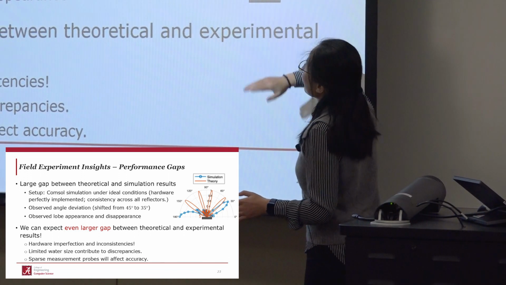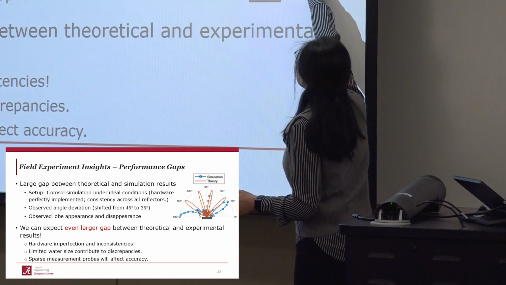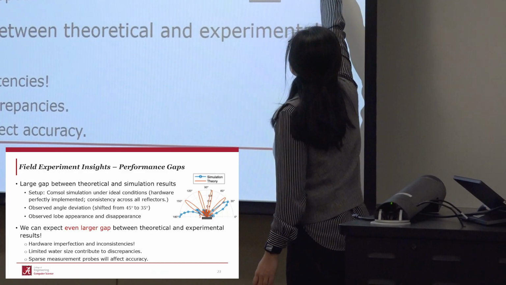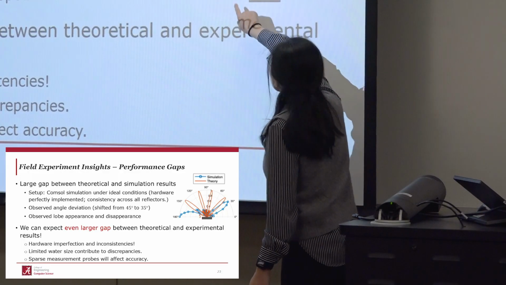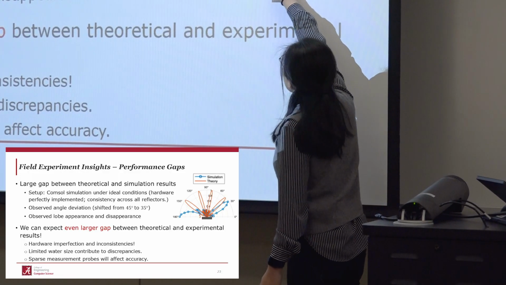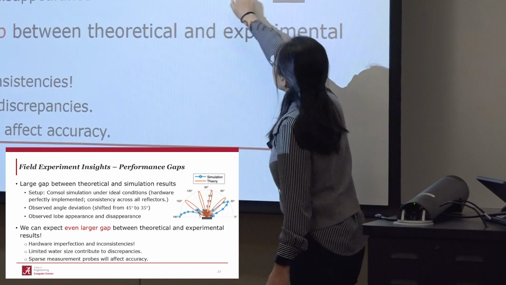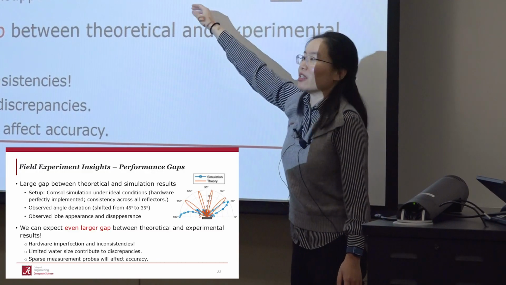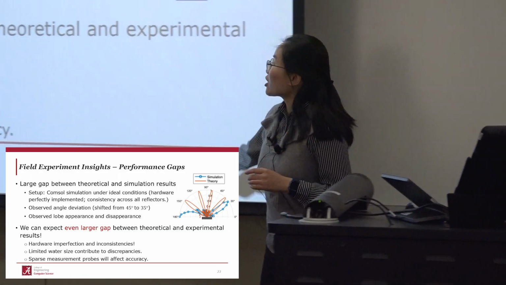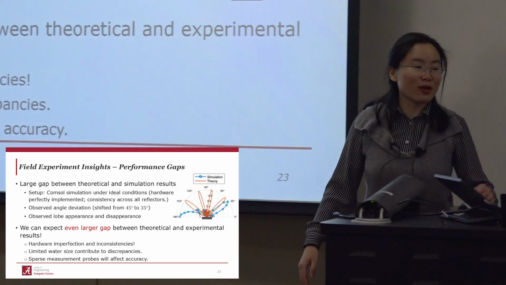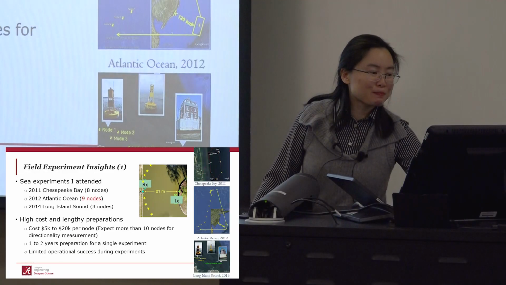Even in this ideal condition, we can still observe the direction deviate from 45 to 35 degrees. Also some lobes are missing, and there is a lobe appearing in a different direction. So basically, we can expect an even larger gap between theoretical and experimental.